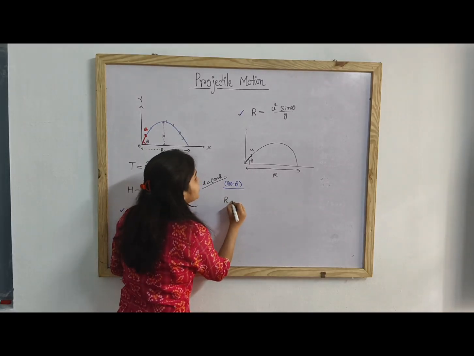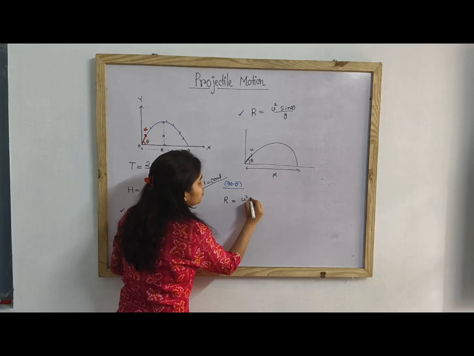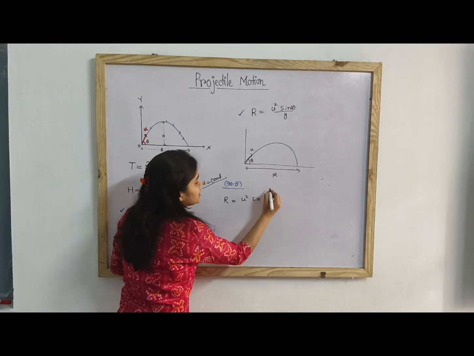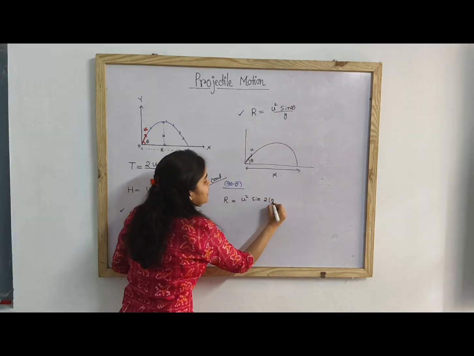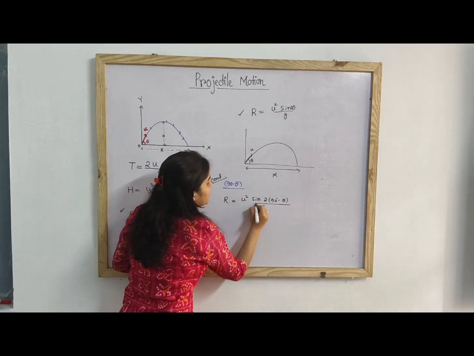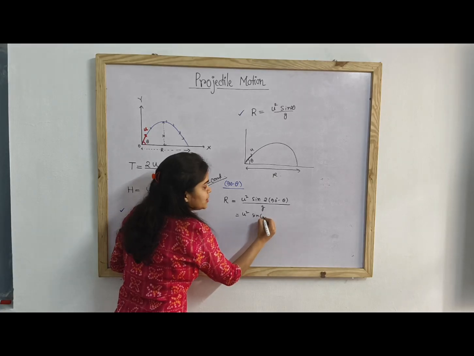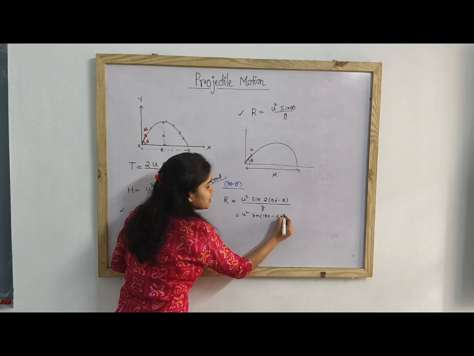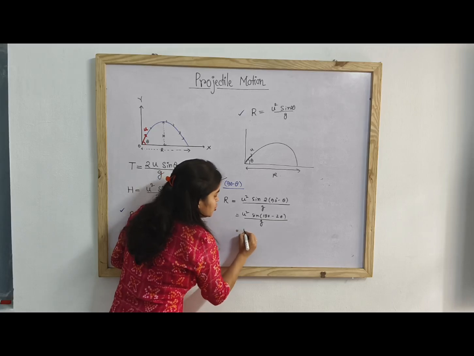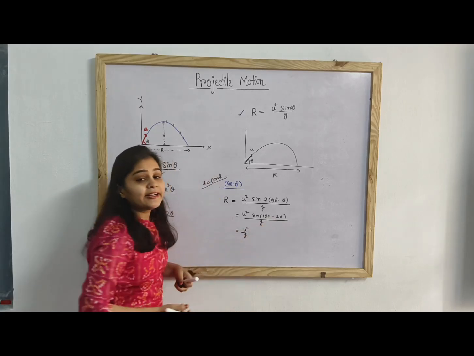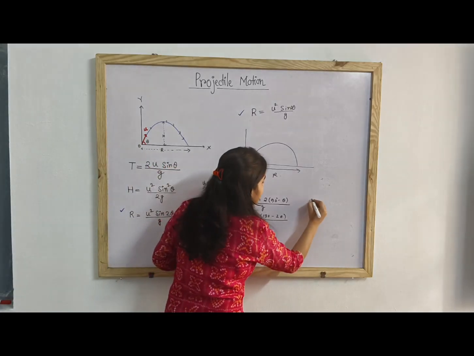Again we get the formula R is equal to u square sine, and in place of theta we write 90 minus theta, by g. So u square sine of 90 into 2, that means 180 degree minus 2 theta, by g. Sine of 180 minus 2 theta, how can we calculate this?